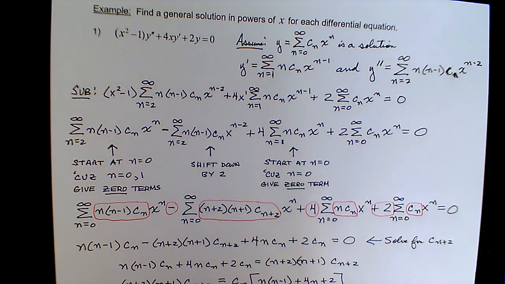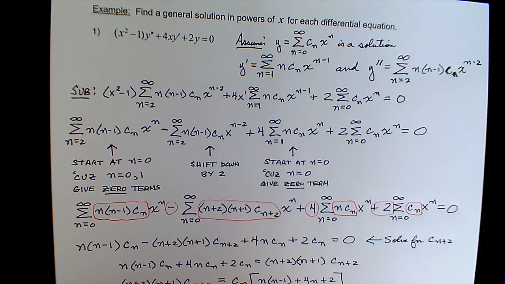Okay, and so let's clean this up. This would be n plus 2, n plus 1, c sub n plus 2 equaling c sub n times n squared minus n plus 4n plus 2.